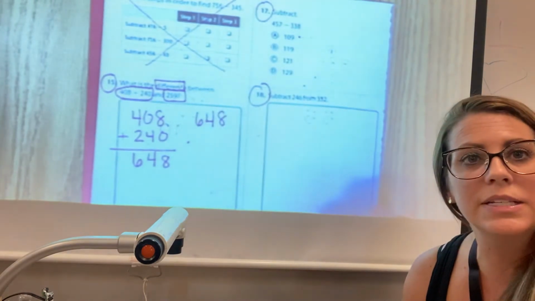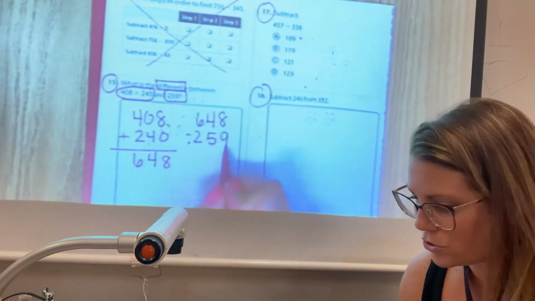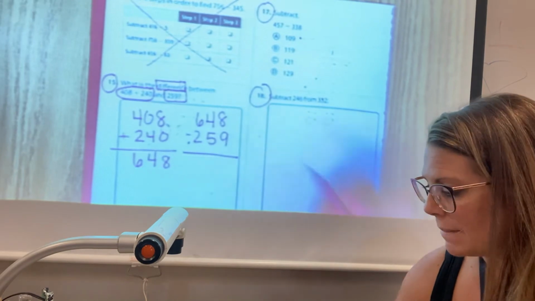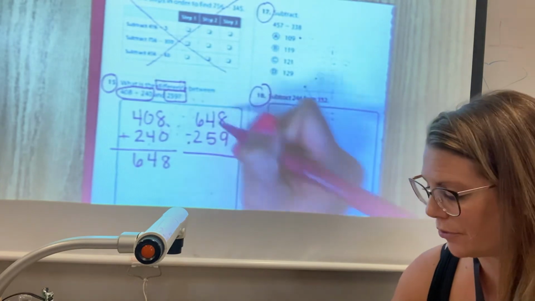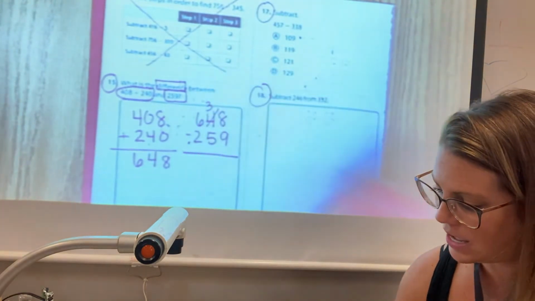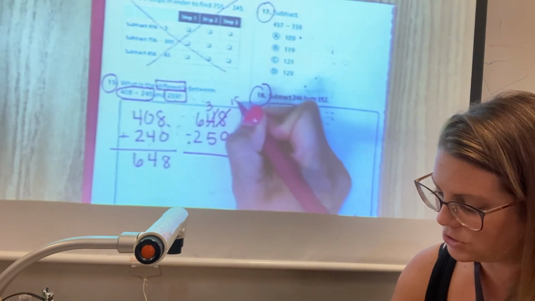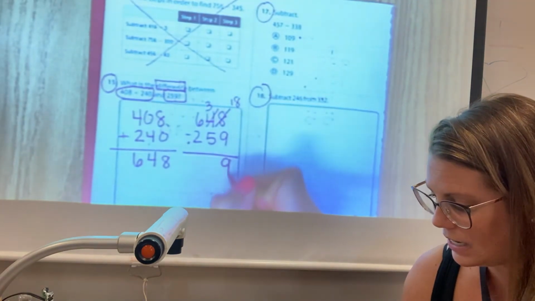And then we need to subtract. So we're putting 648 on the top, and we are subtracting that from 259. So, more on the top or more on the floor? Well, we know it, more on the floor. So we're going to go next door and get 10 more. The 4 turns into a 3. The 8 turns into an 18. 18 minus 9 is 9.